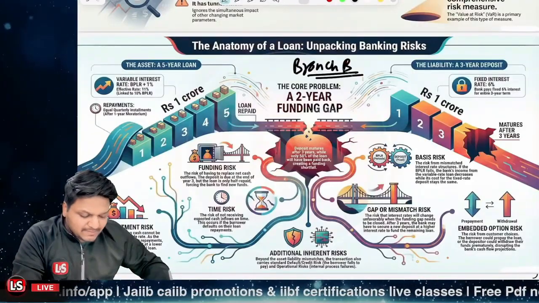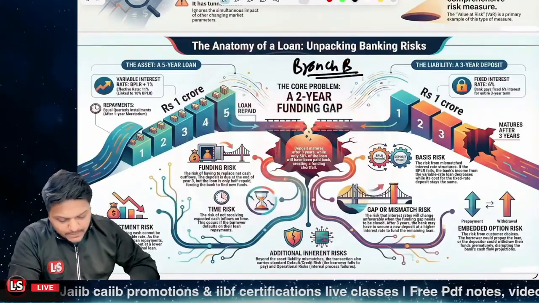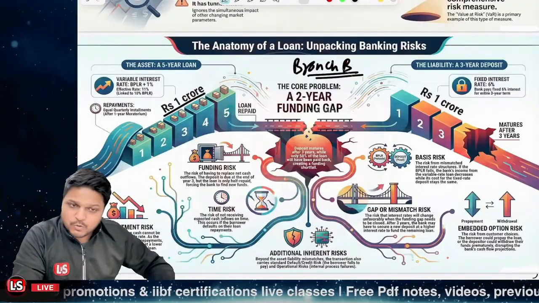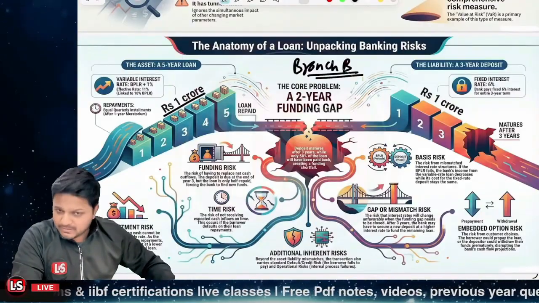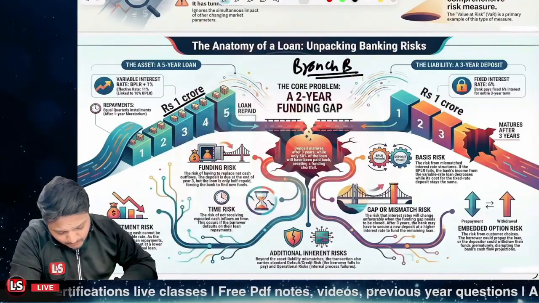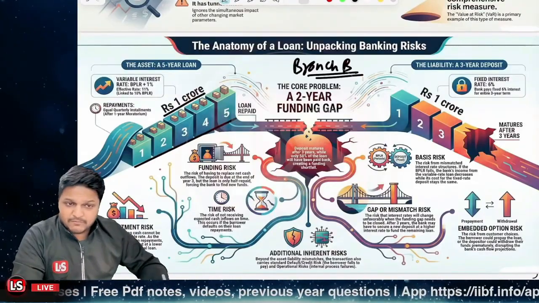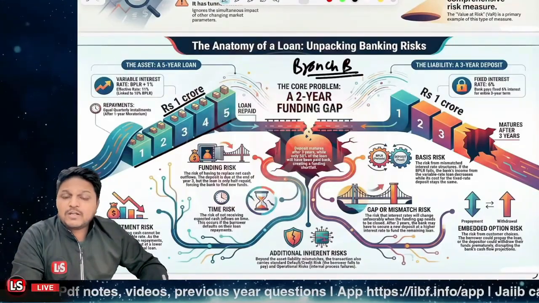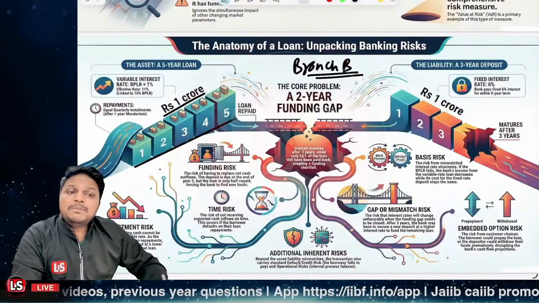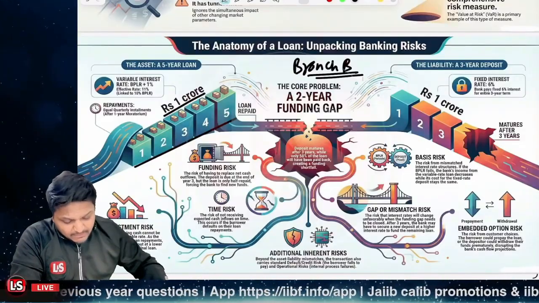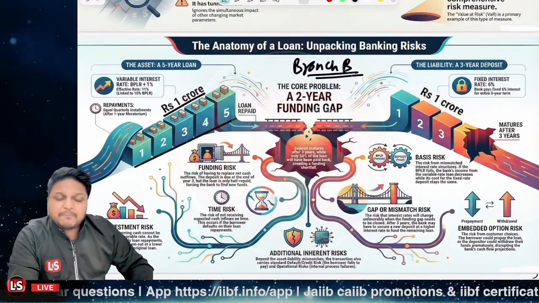The loan is extended for a period of 5 years at an interest rate of 1% over the BPLR, and we are considering the BPLR right now to be 10%.